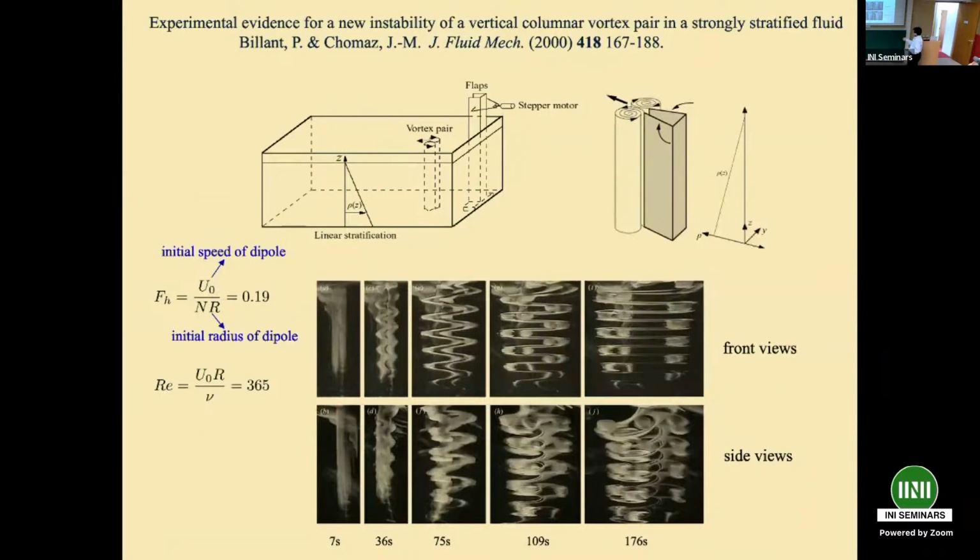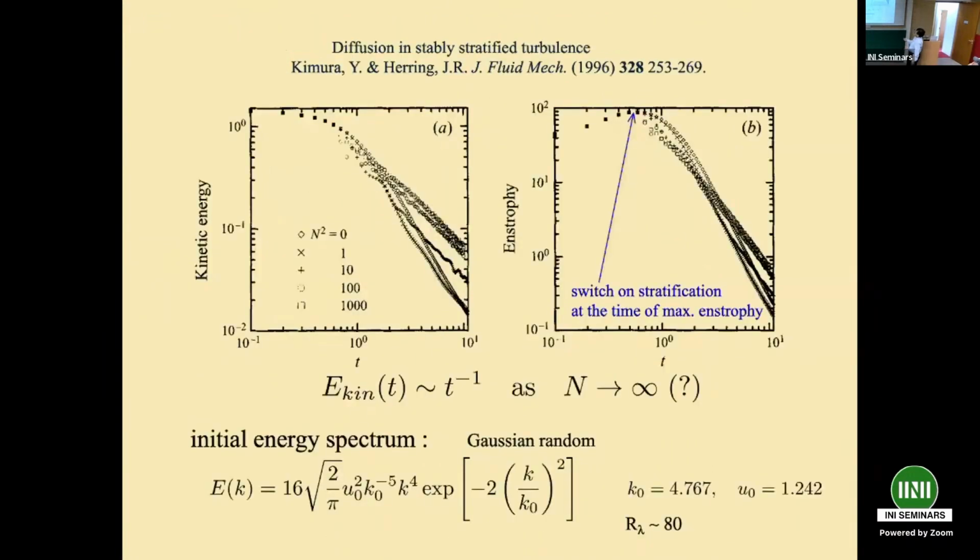Meanwhile, our simulation is box turbulence starting from an initial energy spectrum with Gaussian random noise. With a certain initial spectrum, the microscale Reynolds number is around 80 for our simulation.